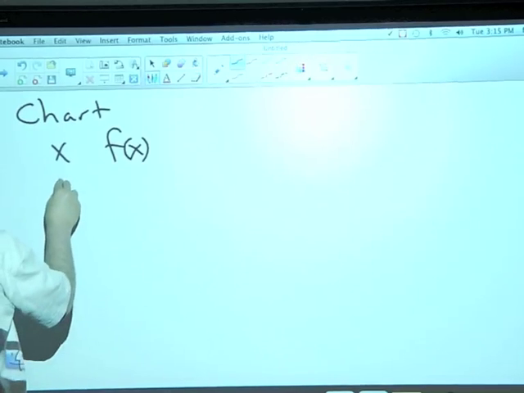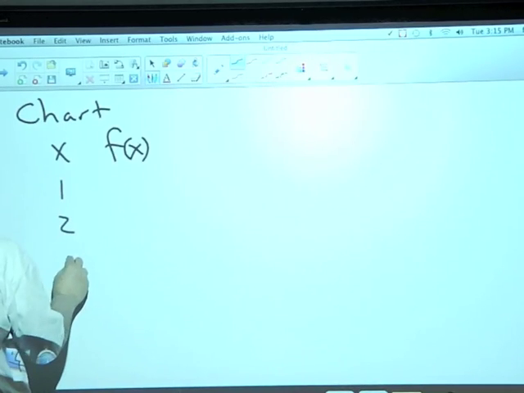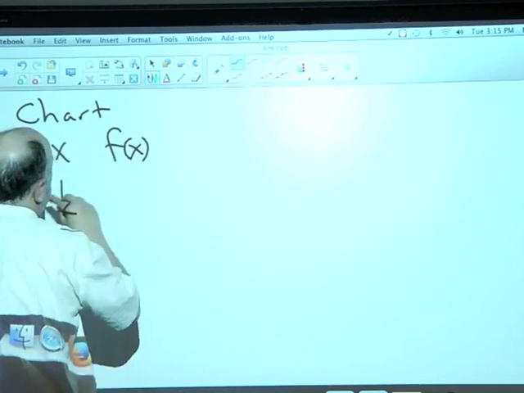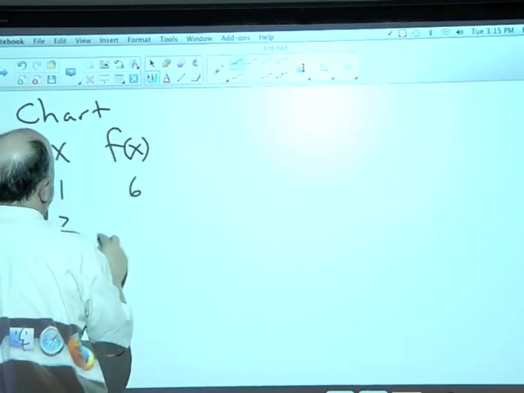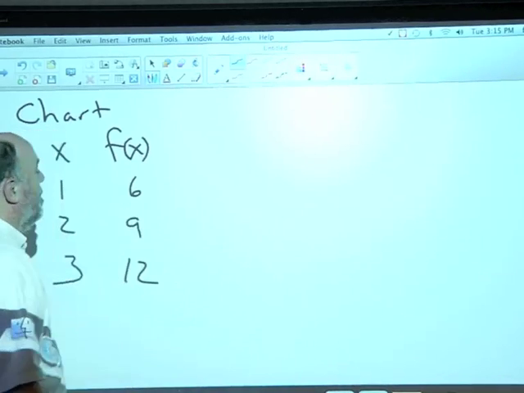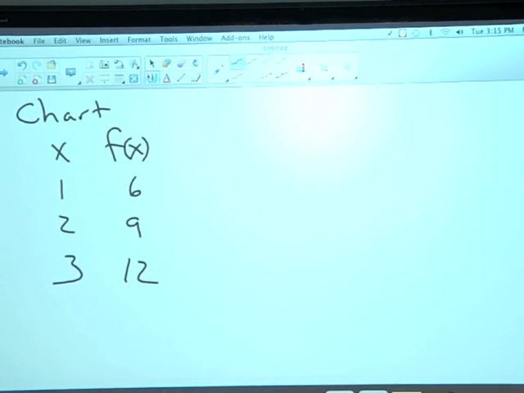Let's do 1, 2, 3. So you have questions where they give you a chart like that, and they want to know what is the equation of the line that goes with that chart.